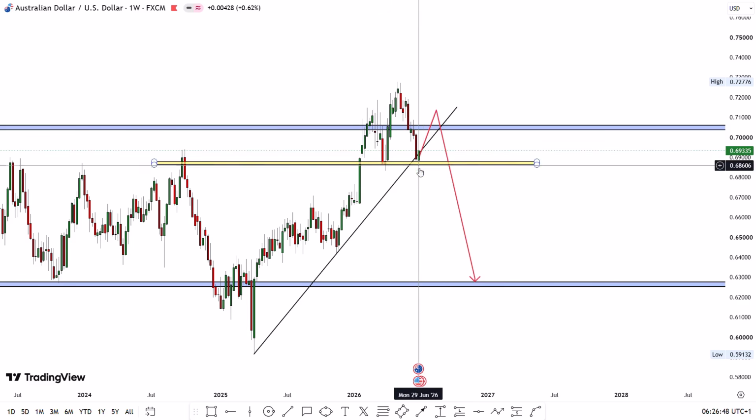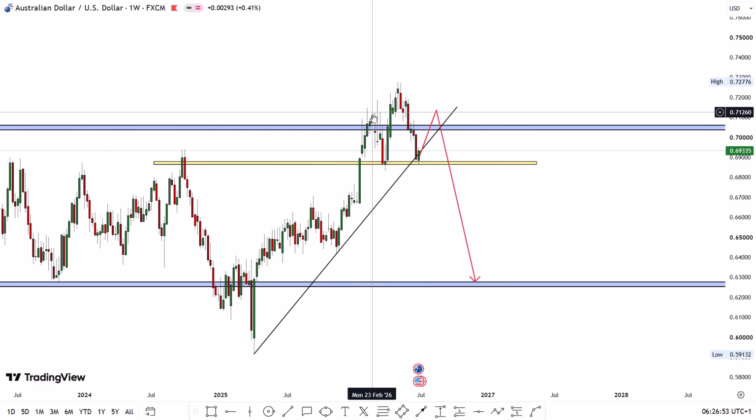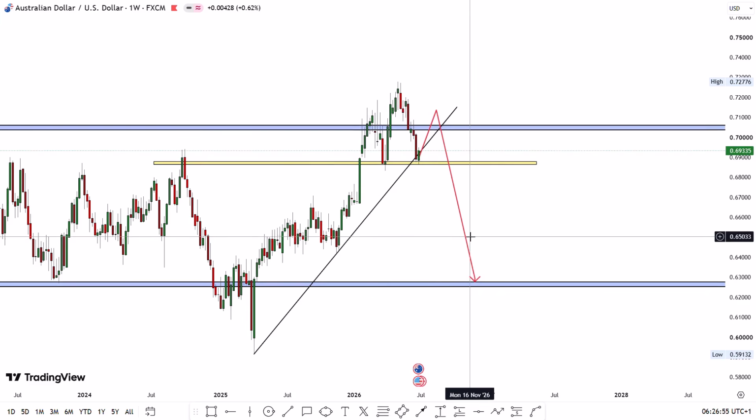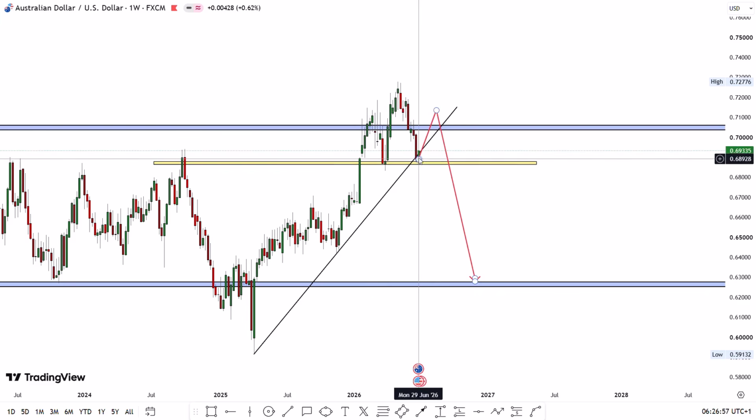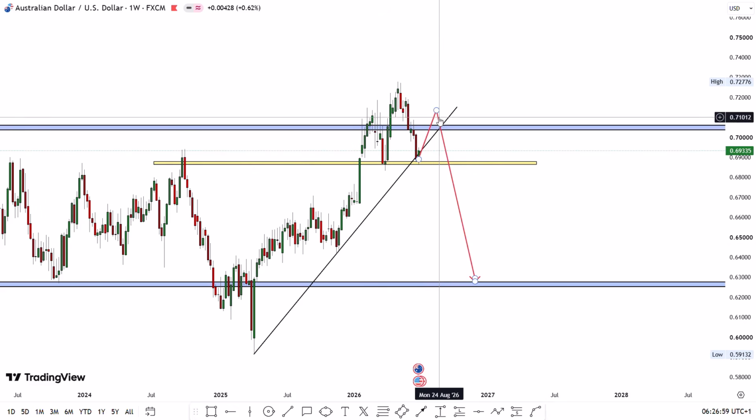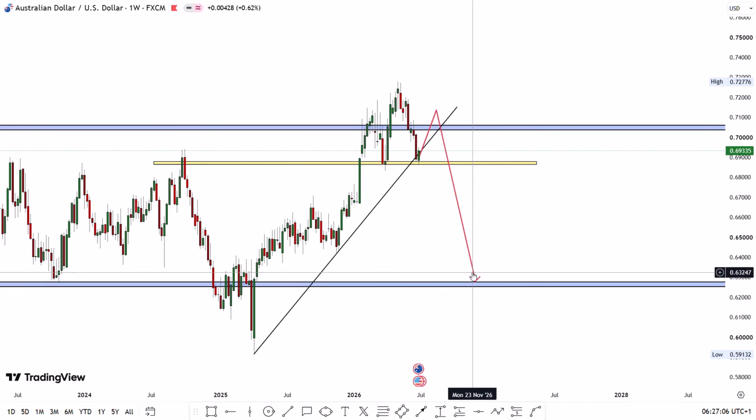That's my scenario 1: for the market to push back up to test this level, our previous shoulder, before breaking back down beneath. If I see that retracement to the upside, as we make our way back to the downside, I'll take my entry, stop loss below the previous high, and then we'll ride all the way to the downside. That's scenario 1.